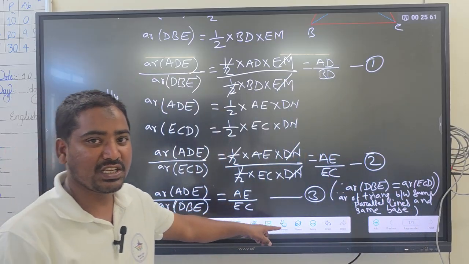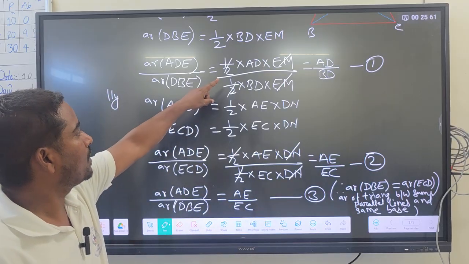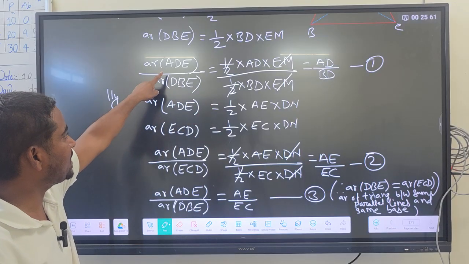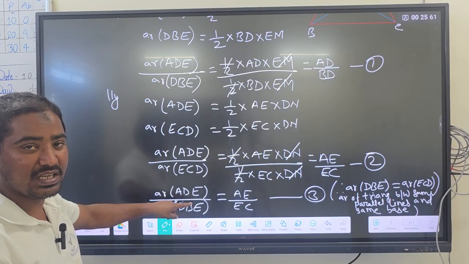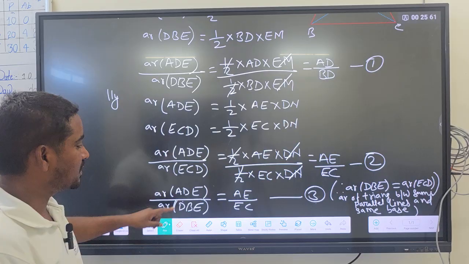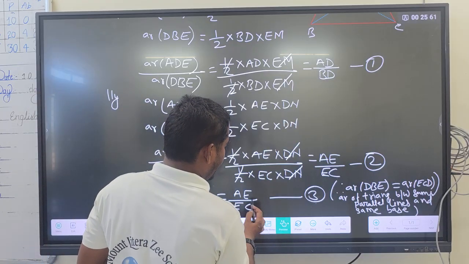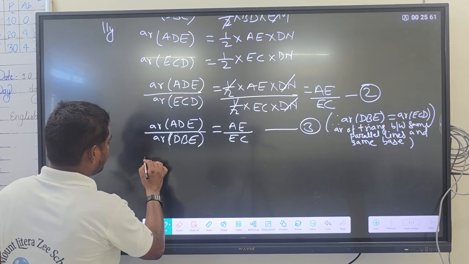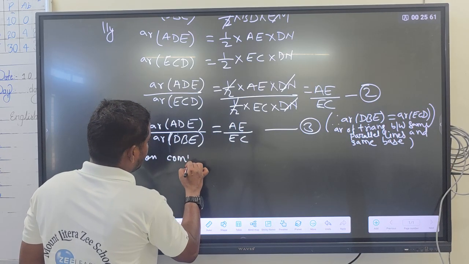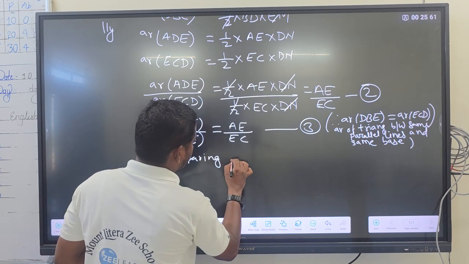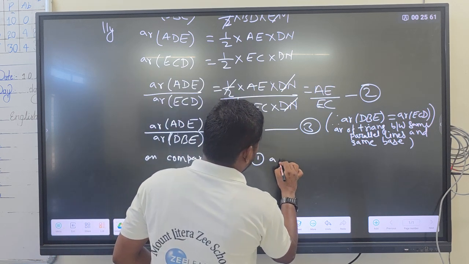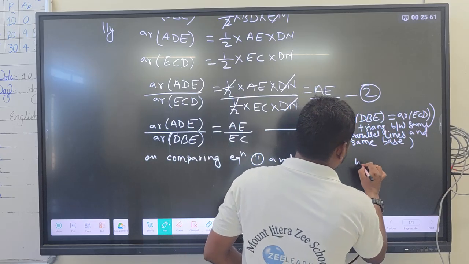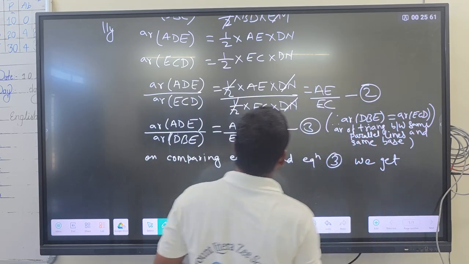Now, as I was telling you, I was asking you to compare equation number 1 and equation number 3. If you see equation number 1 and equation number 3, we have the LHS as equal. So we can equate the RHS. So here we will write, on comparing equation number 1 and equation number 3, we get, हमें मिलता है, क्या मिलता है?